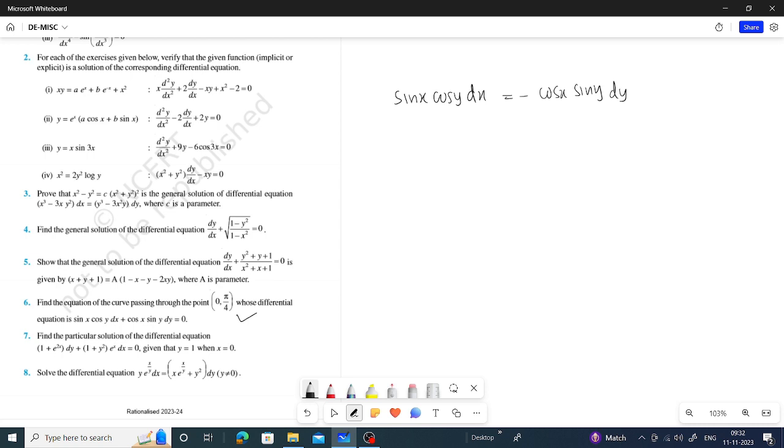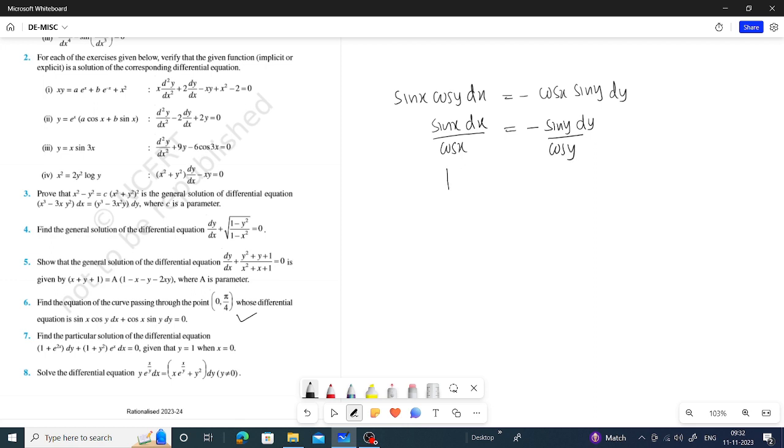Can we separate the variables? Sin x dx by cos x, so all the x terms I have collected, and minus sin y dy divided by cos y.